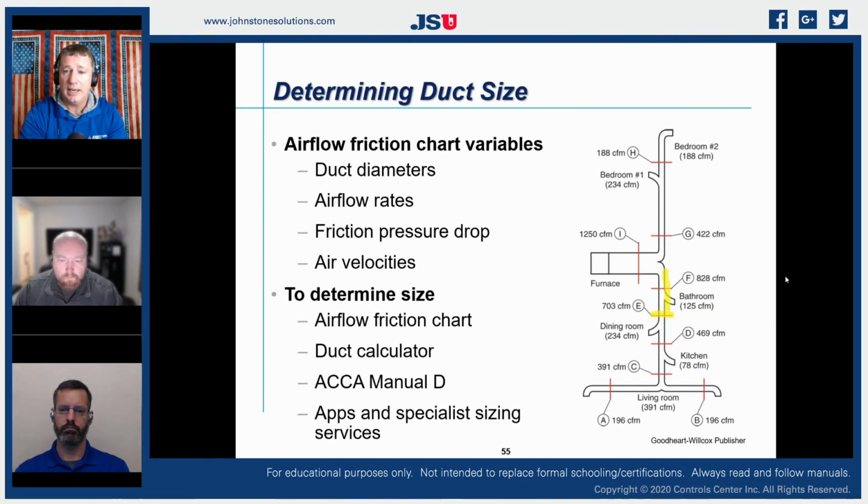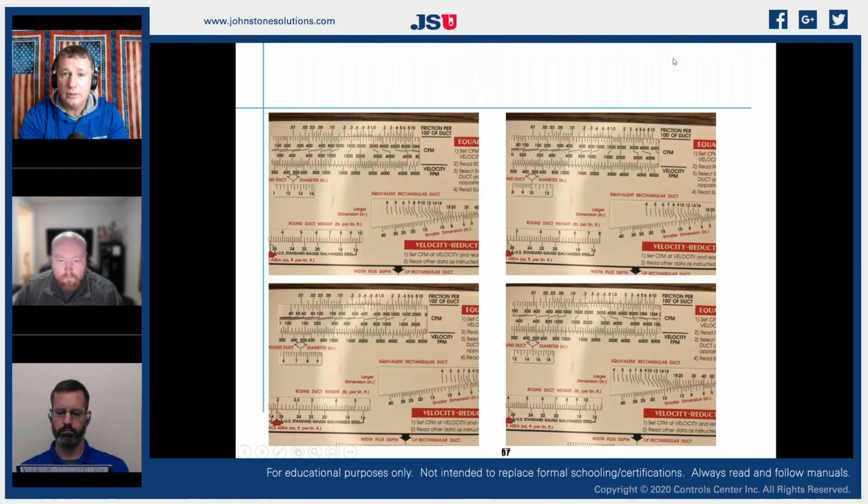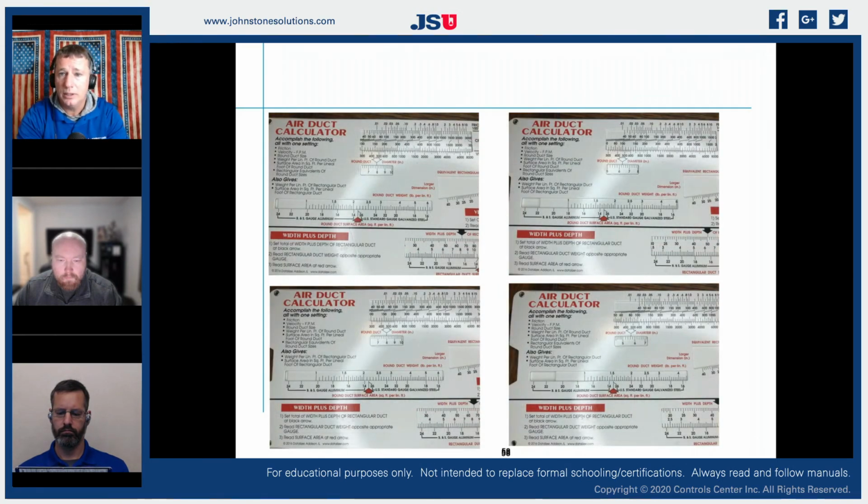So if I look at our calculator again, and I look for 125 CFM at 0.1, I'm going to find, oh, it's going to be my round one. So 120, there it is, 100, top right hand, 125 at 0.1. It's not a 6, it's over a 6.